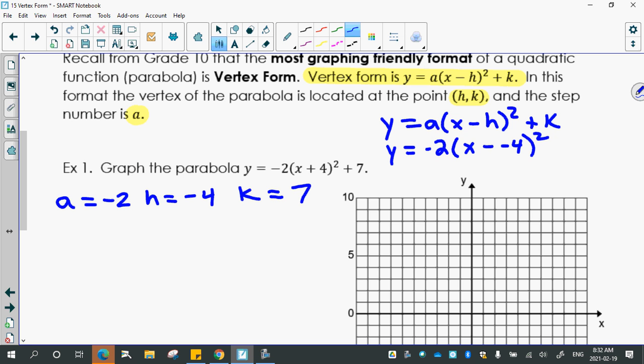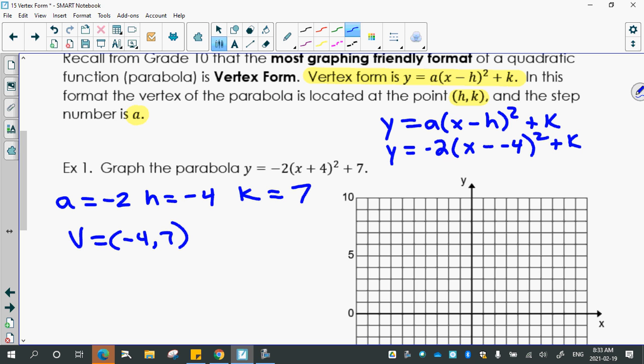You'd never see that written, but when you subtract a negative, you really add. Okay, so H is actually -4. So if you see a positive in the bracket, it's the opposite. If you see a negative in the bracket, you just take the number because the minus is built into the formula. Okay, once you know A, H, and K, H and K form the vertex.